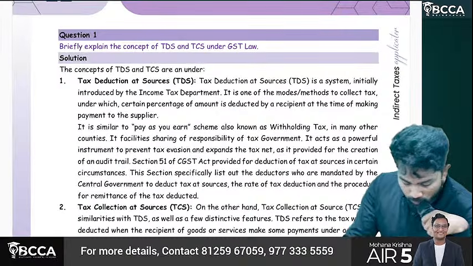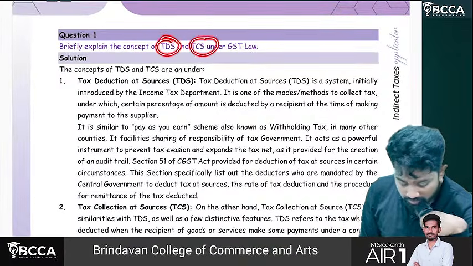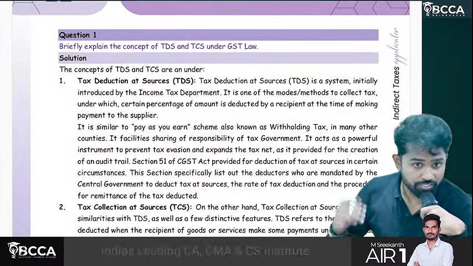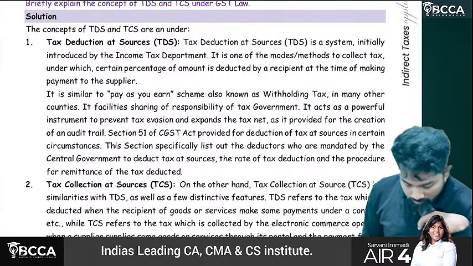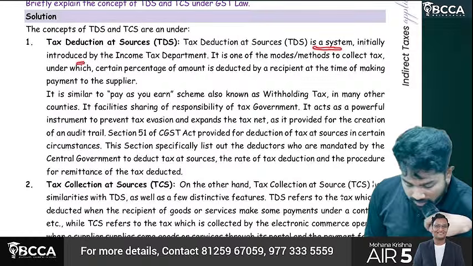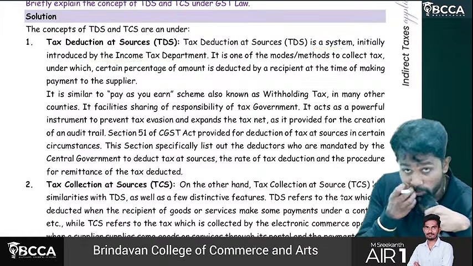Briefly explain the concept of TDS and TCS. Sir, they'll talk about the background of TDS also. See, TDS is a system initially introduced in income tax.